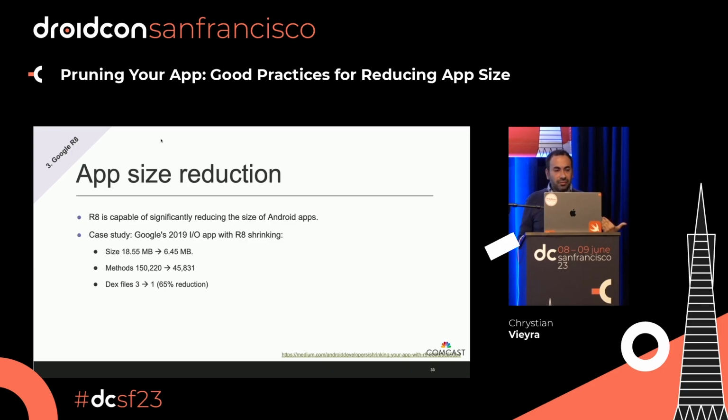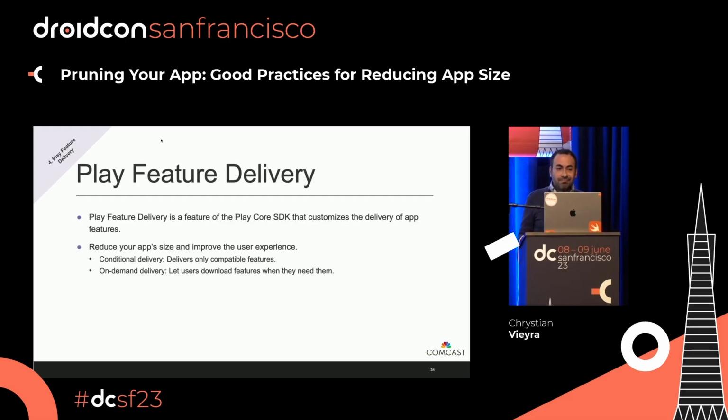They went from 150,000 methods to 45,000, and from 3 DEX files to 1. The limit for a DEX file is around 65,000 methods, so that's why they had 3, because they had over 150,000. Now they have less than that, and only need 1 DEX file. So ideally, try to use R8. It's a very easy way to reduce app size.